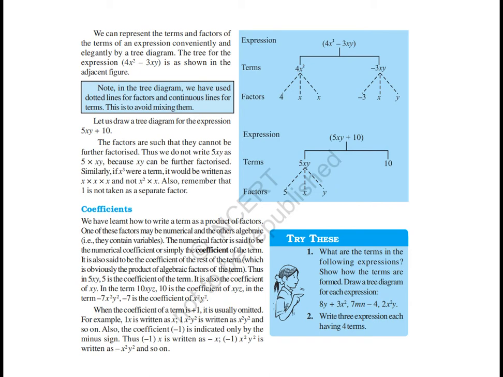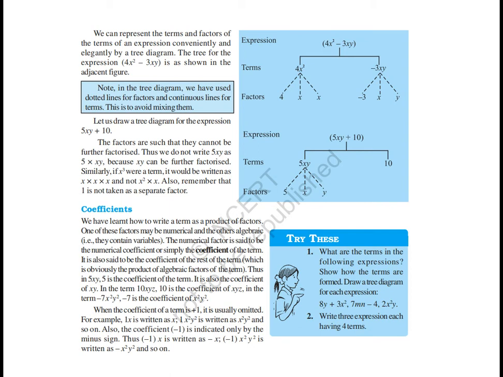अगर सिर्फ 10 है, there are terms, right? So for example, expression 5xy plus 10 is an expression. इसमें दो terms हैं, 5xy एक term है, 10 एक term है. First term is 5xy. So the coefficient here in first term is 5 and the variables are x and y.